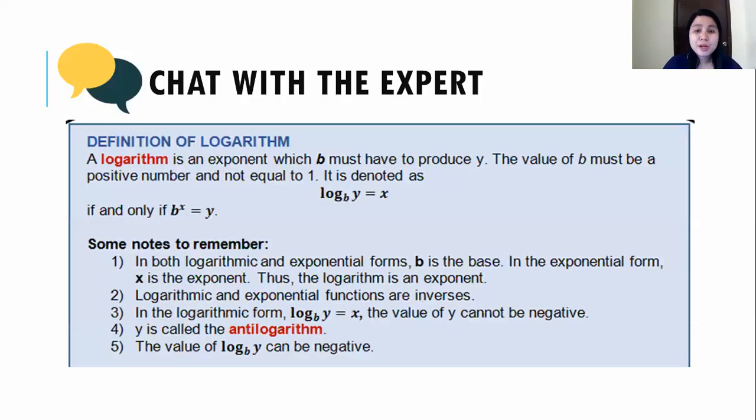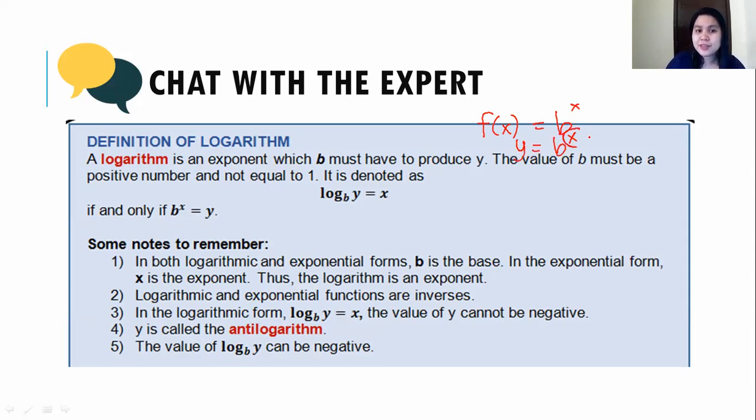Now, what is a logarithm? A logarithm is an exponent which b must have in order to produce y. For example, remember in our exponential function, this is the general formula: f of x is equal to b to the x, or we say y is equal to b to the power of x.